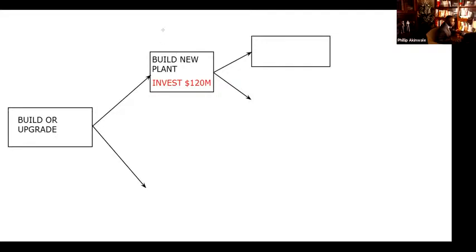If there is a strong demand, there's a possibility that your revenues could be up to 200 million. So if there is a strong demand, you could get 200 million. It doesn't sound bad, especially since we only put in 120 million.